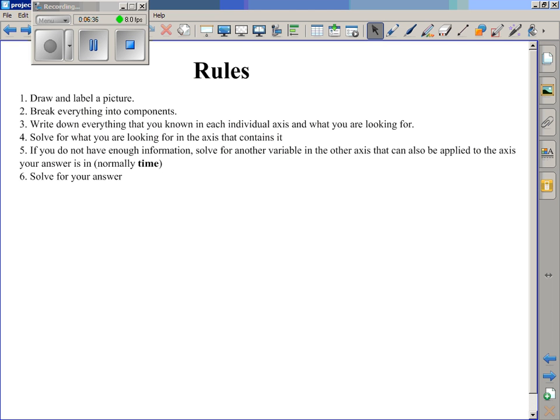Write down everything that you know in each individual axis and what you're looking for in each individual axis. In other words, whenever you divide things into components, you have broken this one problem into 2 separate problems. You've got a physics problem that goes with the x-axis. You've got a physics problem that goes with the y-axis. They are 2 individual problems that you will solve.